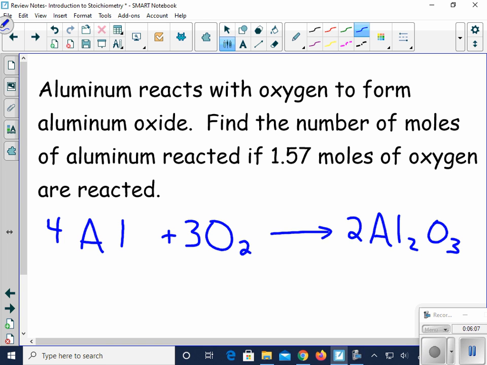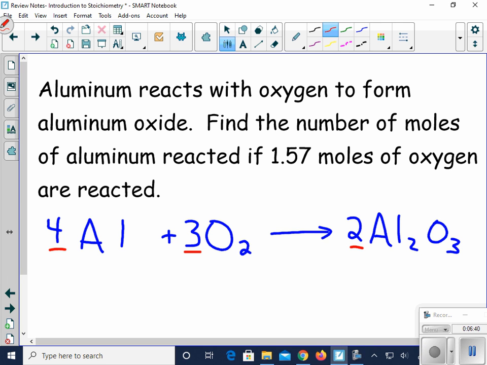Now, when I'm dealing with the molar ratio, I'm dealing with the coefficients. So I'm going to look at the 4, the 3, and the 2. So if I have 4 moles of aluminum, it will react with 3 moles of oxygen to produce 2 moles of aluminum oxide.